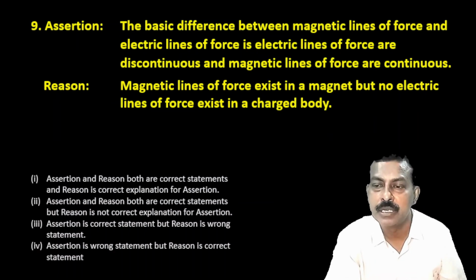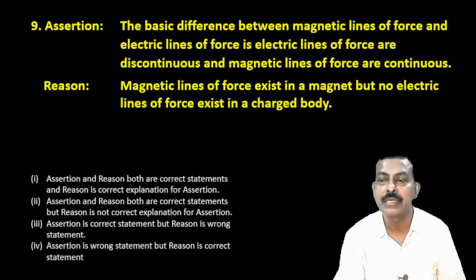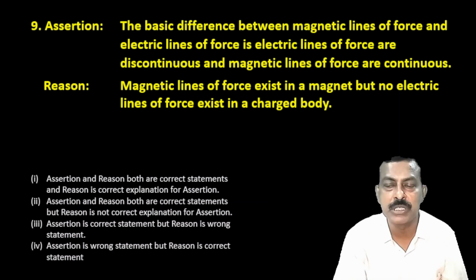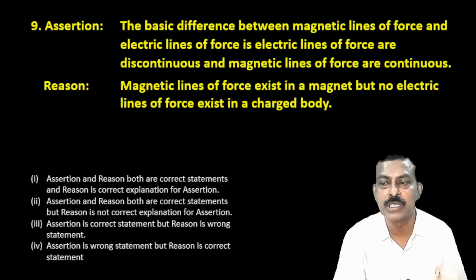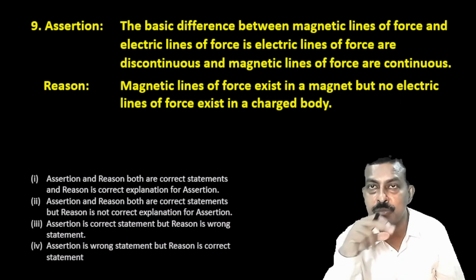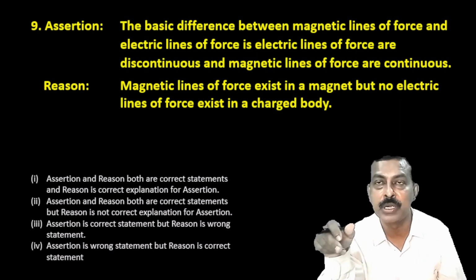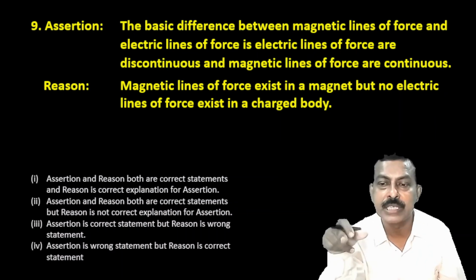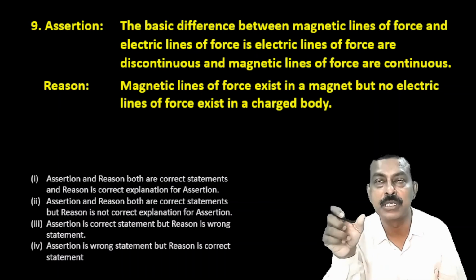The basic difference between magnetic lines of force and electric lines of force is electric lines of force are discontinuous and magnetic lines of force are continuous. You know that electric lines of force originate from positive charge and terminate on negative. So in that context, we can say that they are discontinuous.